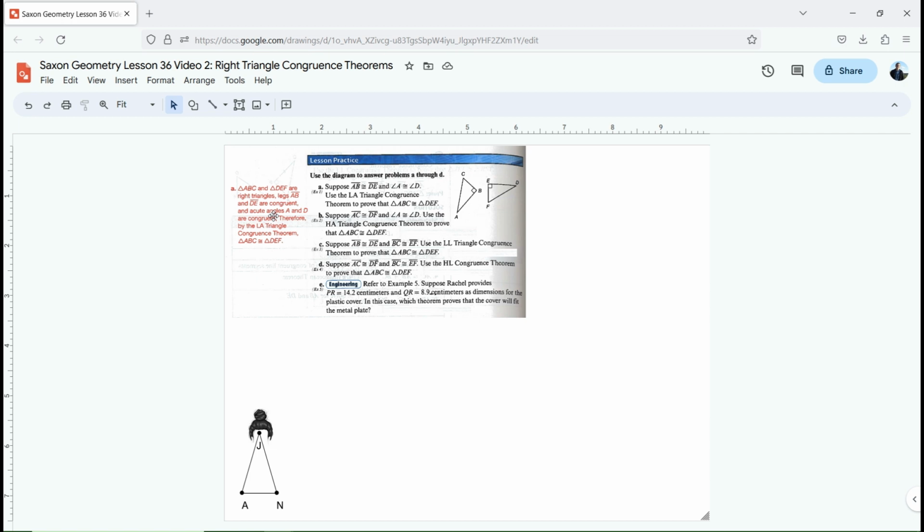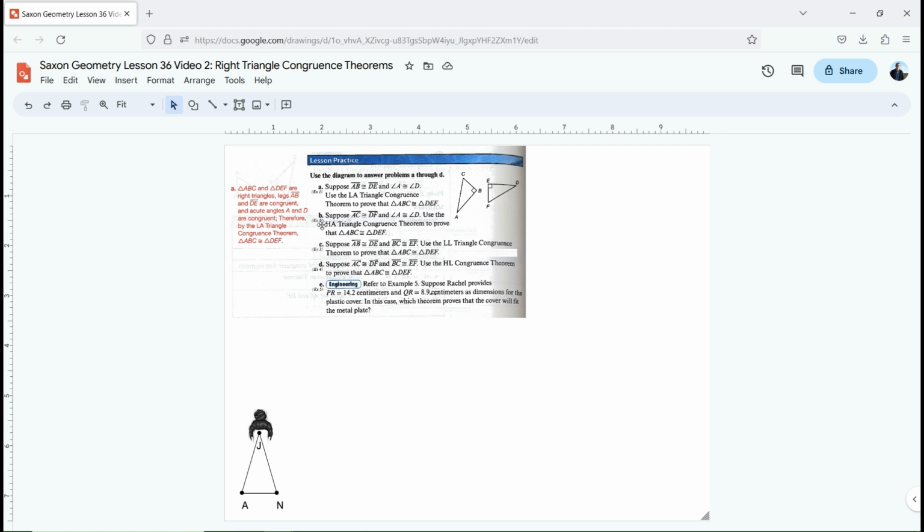The only difference is now AC and DF are congruent. That's a different part of the triangle. It's not a leg, it's a hypotenuse. Do we have a hypotenuse angle congruence theorem? Yeah, actually, as long as any two things in the triangle are congruent other than the right angle, I could say that the triangles are congruent by some theorem.